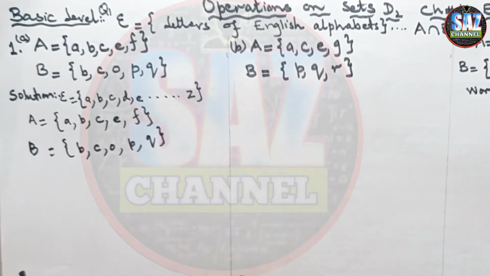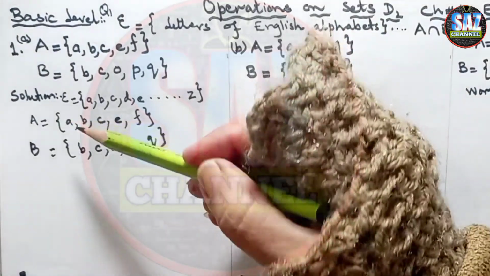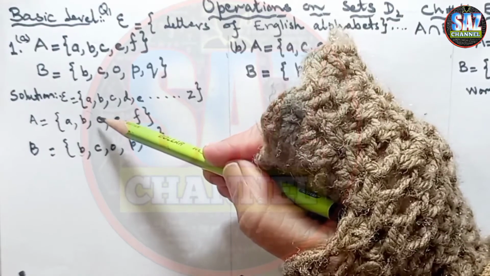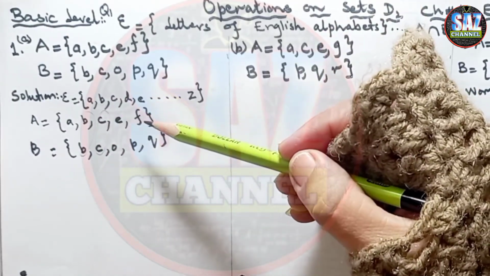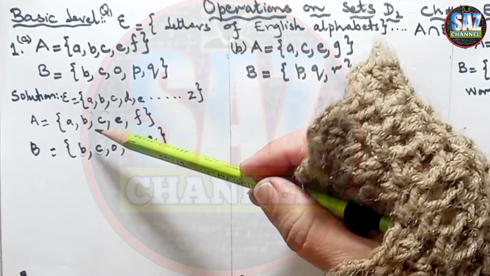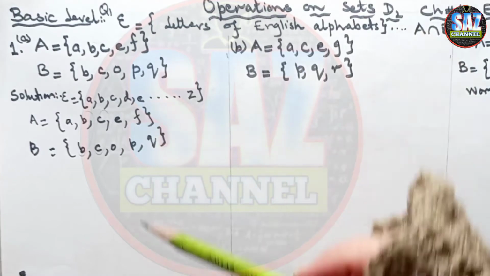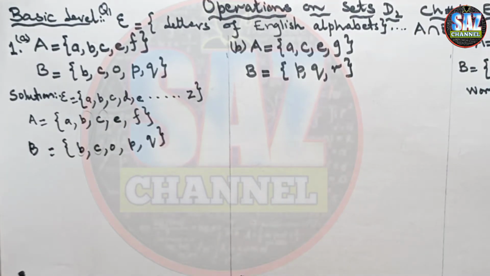First of all, we have to see what the relationship between these two sets is. If we look at the elements, B is common in both the sets, and the letter C is also common in both the sets. The rest of the elements, A, E and F of set A and O, P and Q of set B, are different.